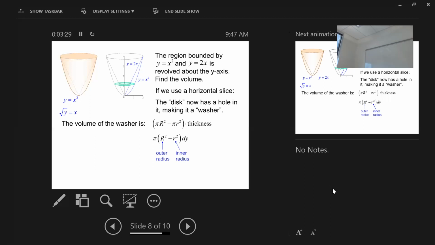So this curve is y equals x squared. We take the square root of both sides, and we get the positive or negative root of root y. But we're only interested in the positive root. And we get y equals 2x, so x equals y over 2. So what happened?